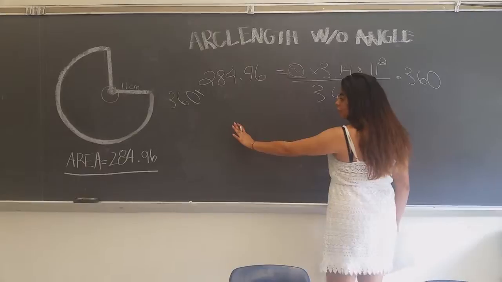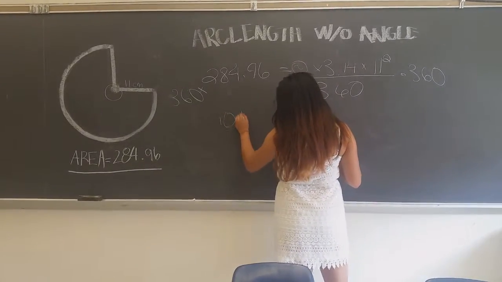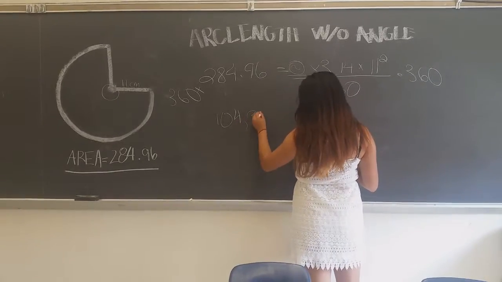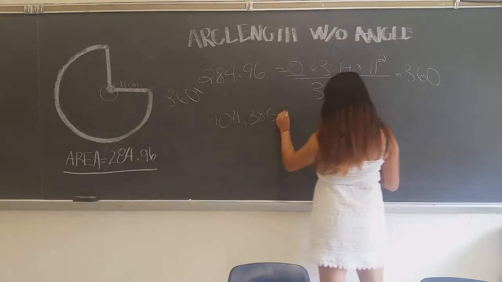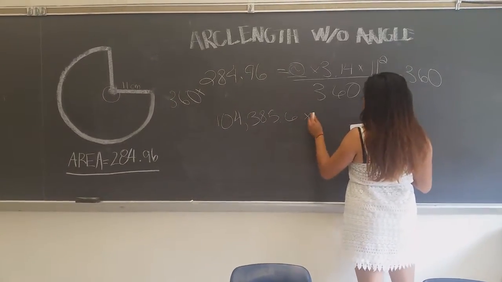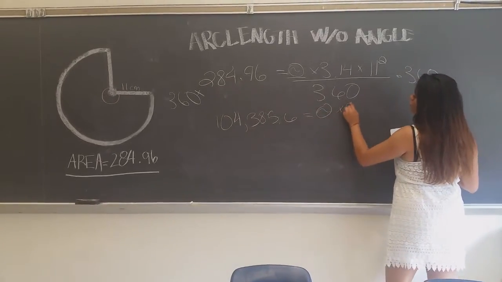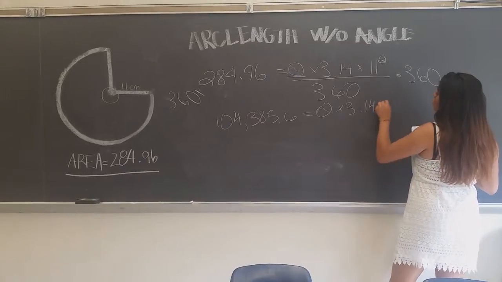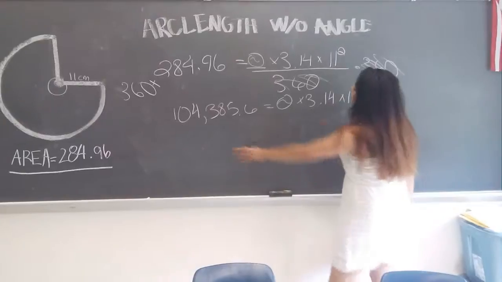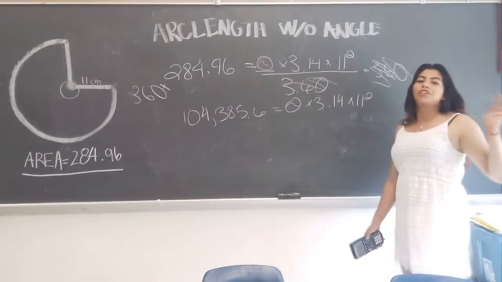So once you do that, you get 104,385.6 equals the angle times 3.14 times 11 squared, which now you have that. You don't need this anymore. You have simplified this, and along with your 360, because 360 go bye-bye.